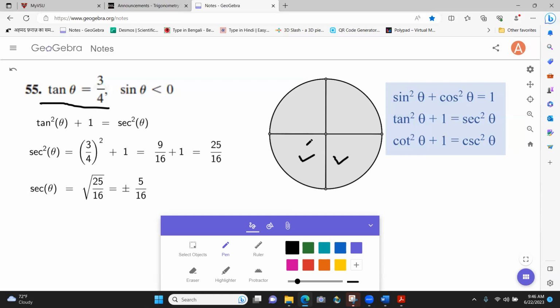Once again, in the third quadrant, sine is negative, cosine is negative, and to find tan, you divide sine by cosine. Negative divided by negative is positive. So it has to be in the third quadrant. It cannot be here because in this quadrant, sine is negative, true, but cosine is positive, and that would make tan negative.